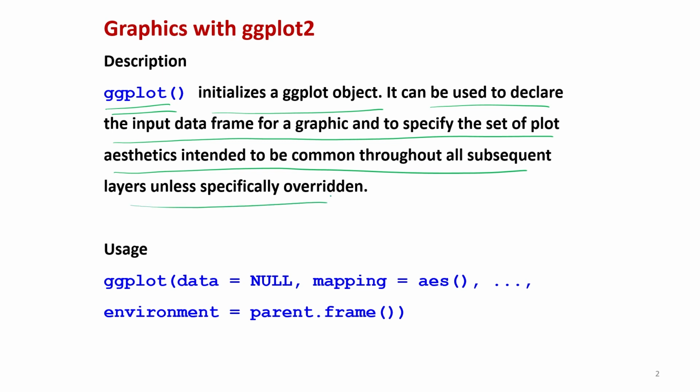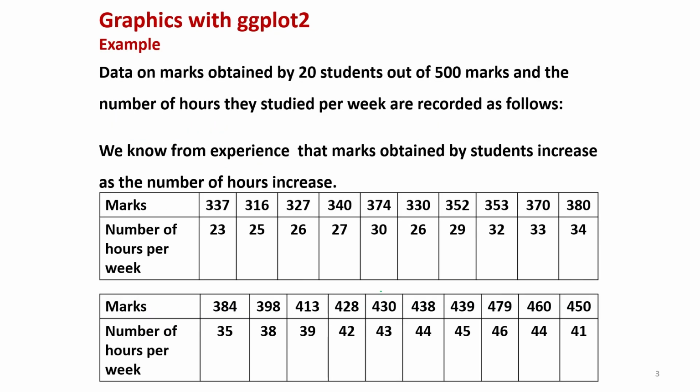And then we are going to use it something like ggplot, then we have to give the data, mapping, environment, etc. But let us try to take a very simple example and try to plot a graphic, and then I will go step by step, and in every step I will try to explain some concept.